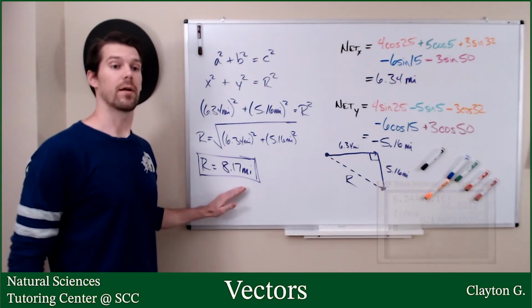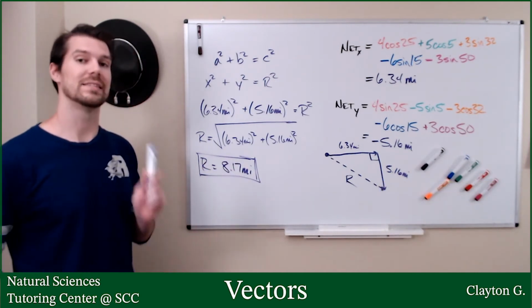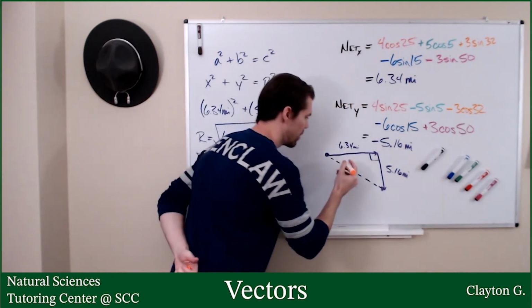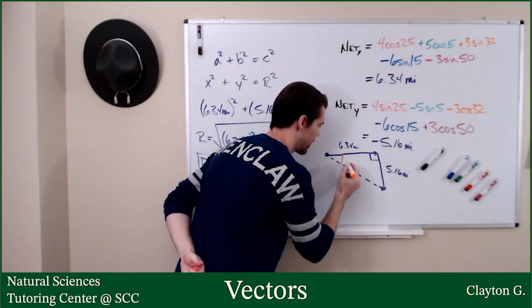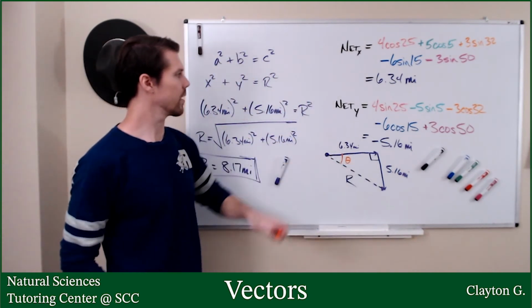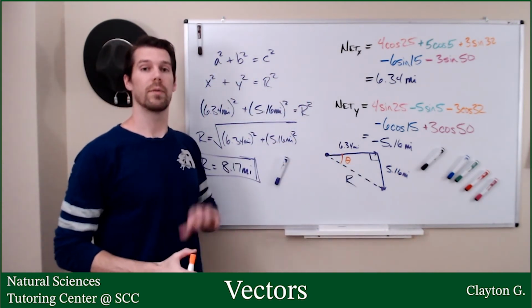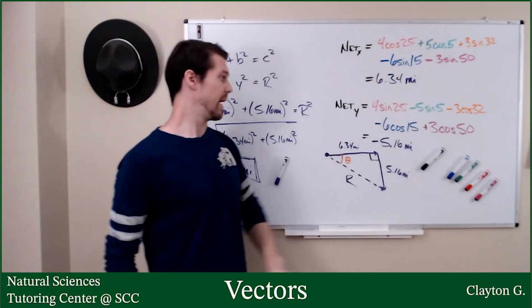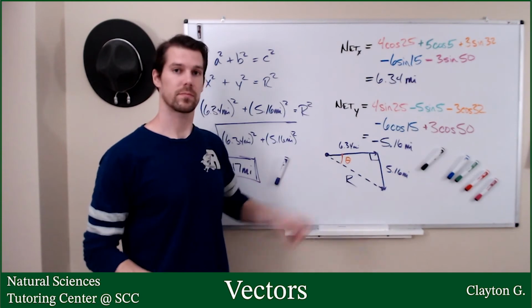We're halfway there. Now we need to solve for the direction. So the direction, I use this orange marker here, the direction is right here, and we'll call this theta. So we need to know this angle right here. So give me another second. I'm going to clear this stuff off the board. I think we're done with that for now. And we'll be right back to solve the direction of this guy.